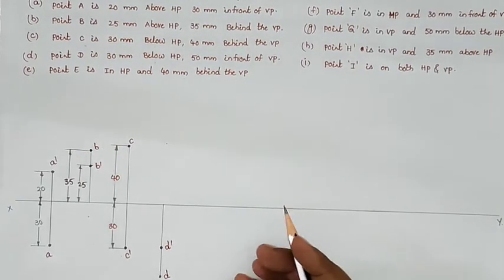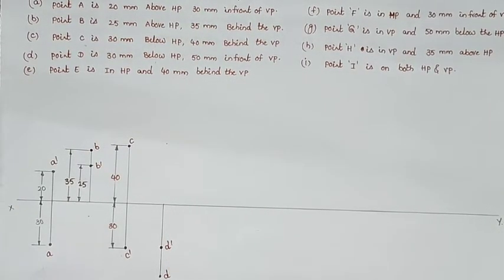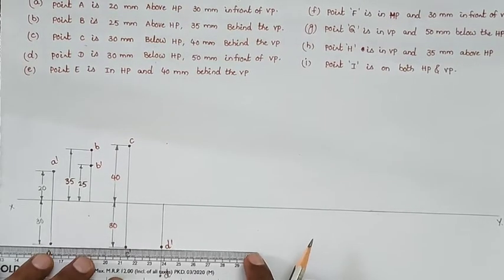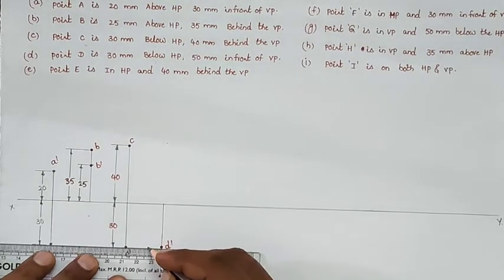So draw the projections. Here the object is in the fourth quadrant, so we will draw the projections like that. After that we will give the dimension.